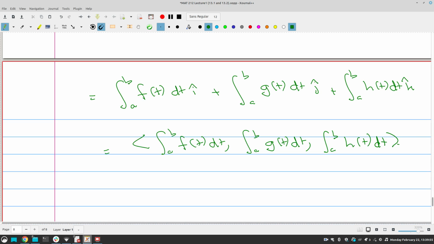So that's how you integrate a vector function.